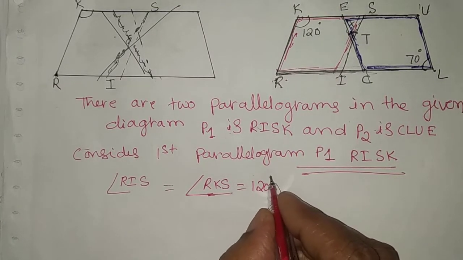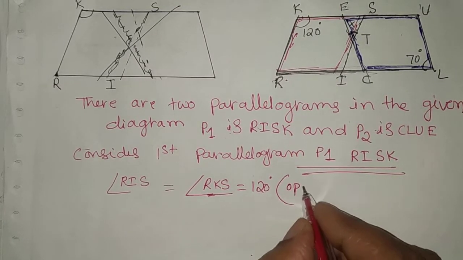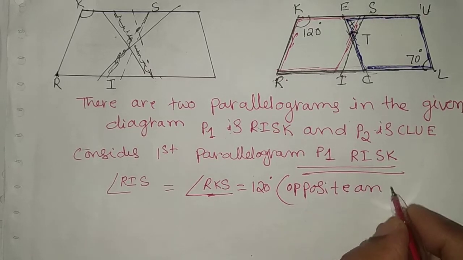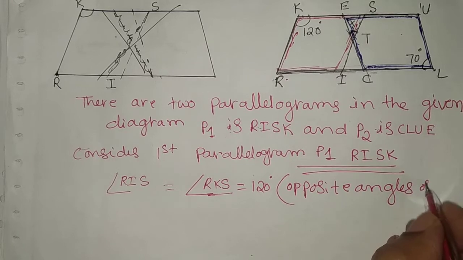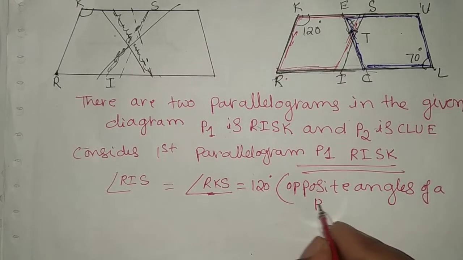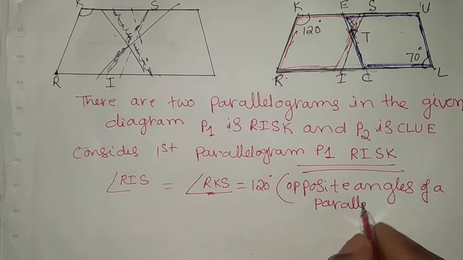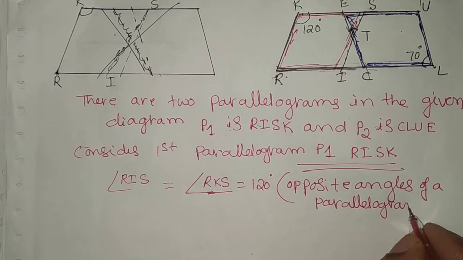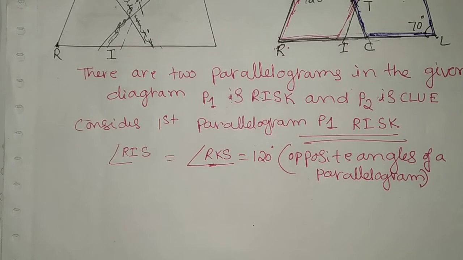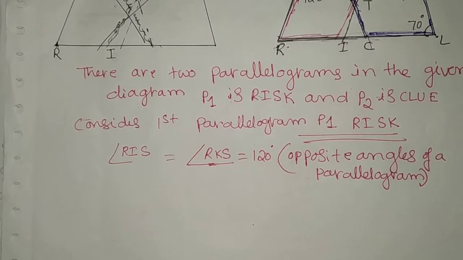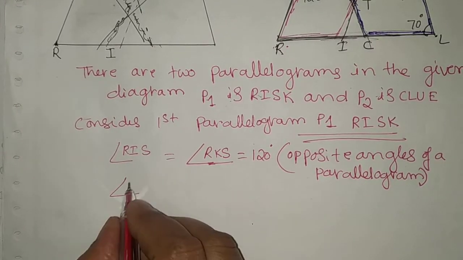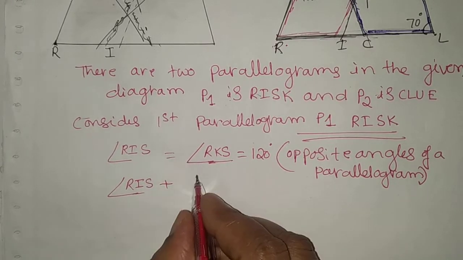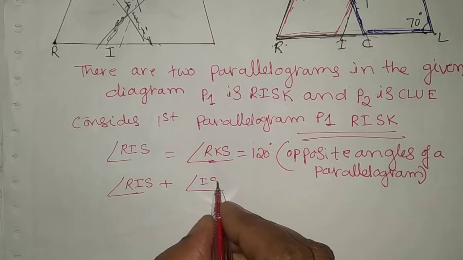So 120, just write down in the bracket: opposite angles of a parallelogram. So next we write angle RIS plus angle ISK.